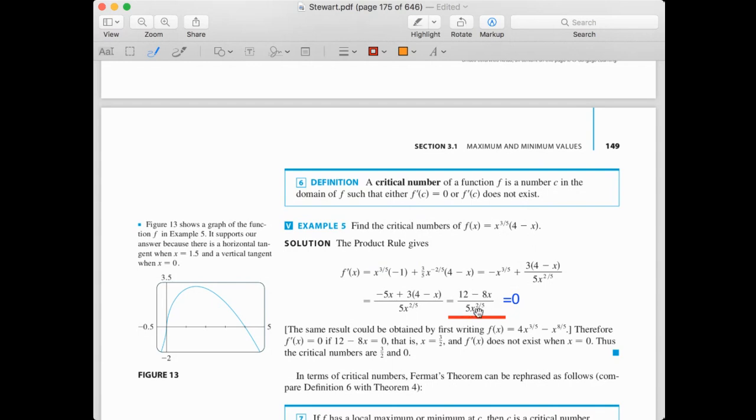This is a rational function. A rational function is 0 only when the numerator is 0, so 12 minus 8x is 0. Denominator can never be 0. So 12 minus 8x equals 0, and we solve for x equals 3 over 2. So this function will only have one critical number. The critical number is 3 over 2. So that means at 3 over 2, we get either a maximum or a minimum. This function is drawn here, so we get a maximum at x value 3 over 2.